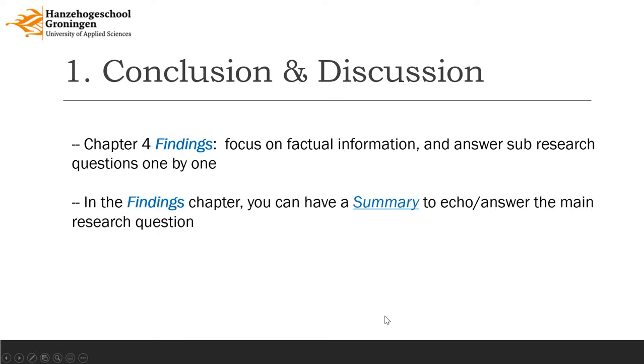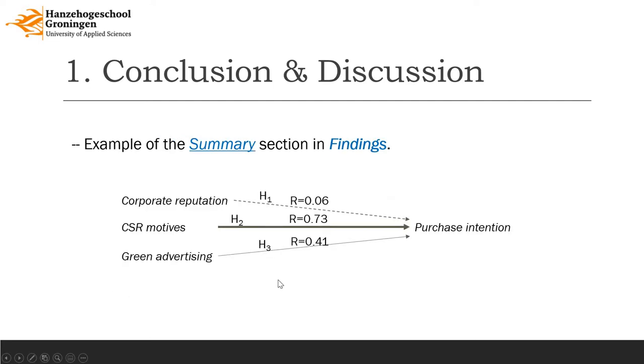And in this chapter, you can have a summary section to summarize, or let's say to echo or answer the main research question. I will present an example. I have 3 independent variables: corporate reputation, CSR motives, green advertising. And I also have a dependent variable, purchase intention.